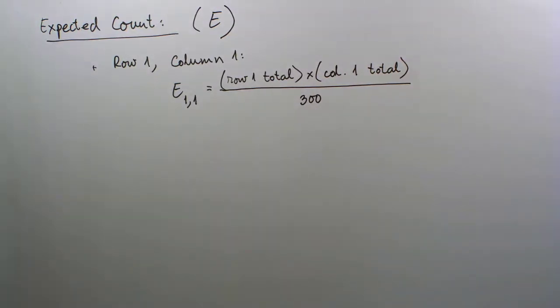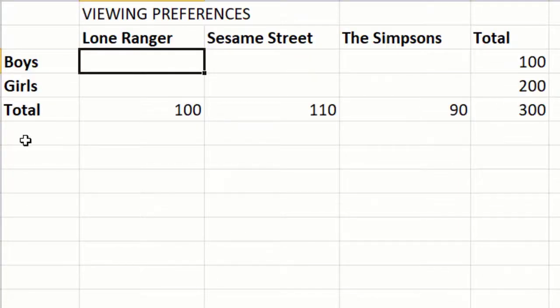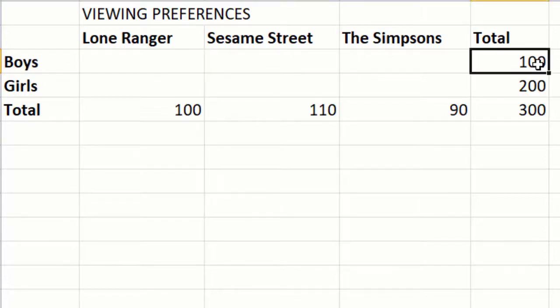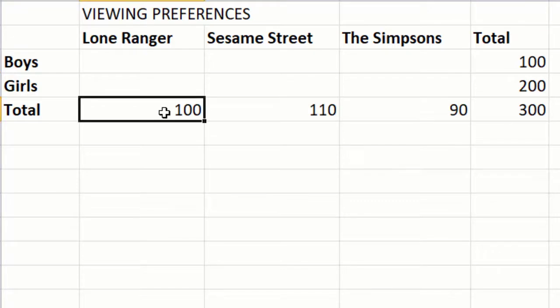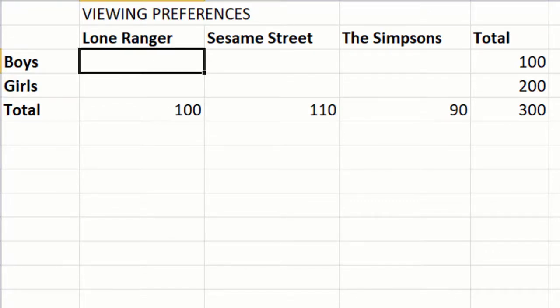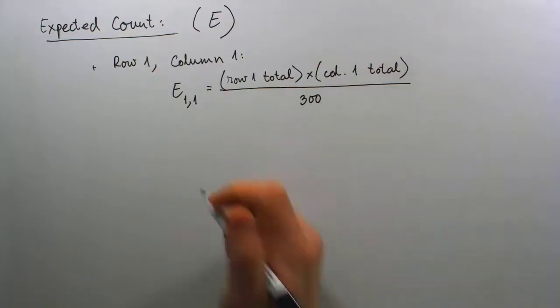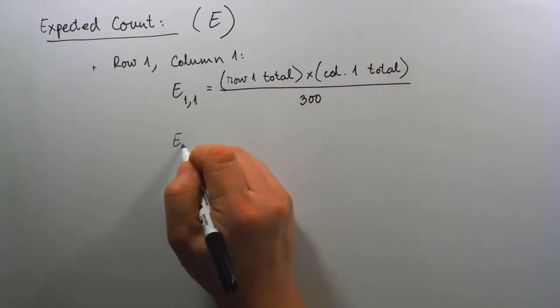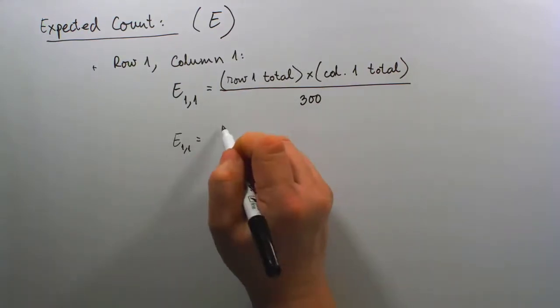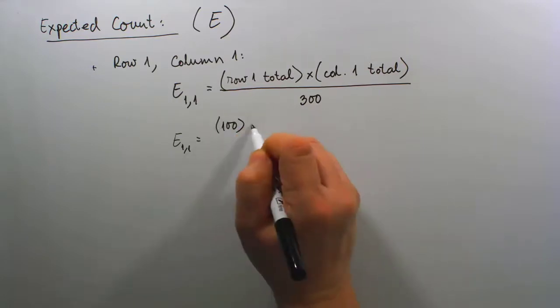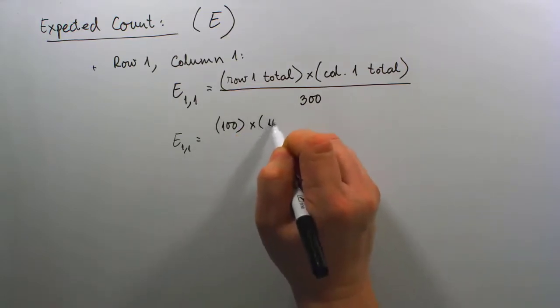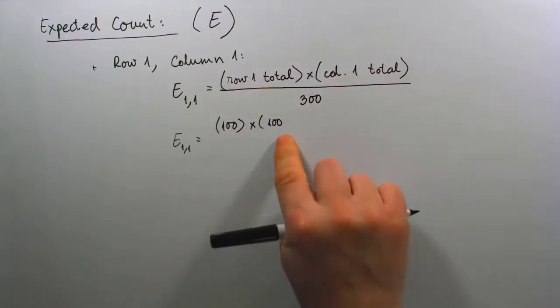And so now one more time looking back at our table. So to calculate the expected count in row 1, column 1, our row 1 total is 100 here, and our column 1 total is also another 100. Now back on my board, we can proceed the calculation as following. 100 for row 1 total. I am going to multiply with 100 for column 1 total.